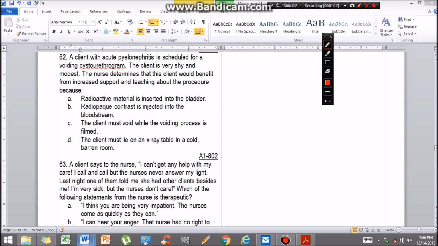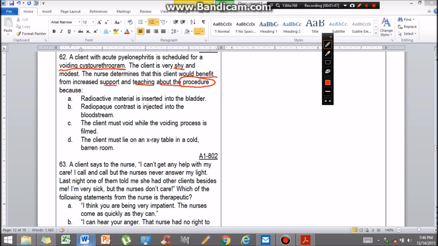62. A client with acute pyelonephritis is scheduled for a voiding cystourethrogram. Client is very shy and modest. The nurse determined that this client would benefit from increased support and teaching about the procedure because... so we're trying to find the reason why this client would benefit from support and teaching about the procedure.